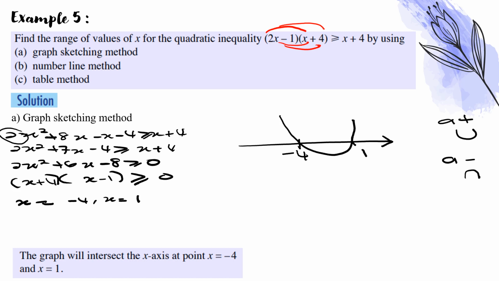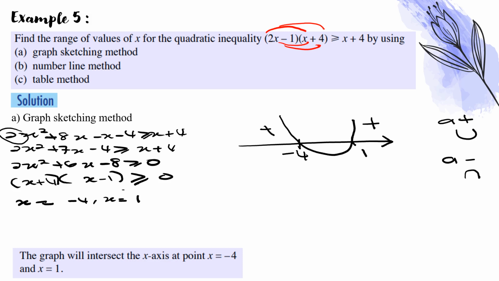If this is a smile, we will only consider the parts that the teacher marks here. So this one is the positive. Positive is outside the smile, and this is the negative part. Okay, and then this is the region that you should consider. Then you move back to the inequality.